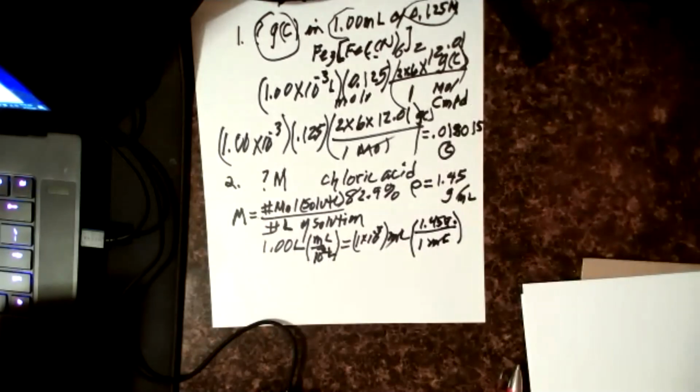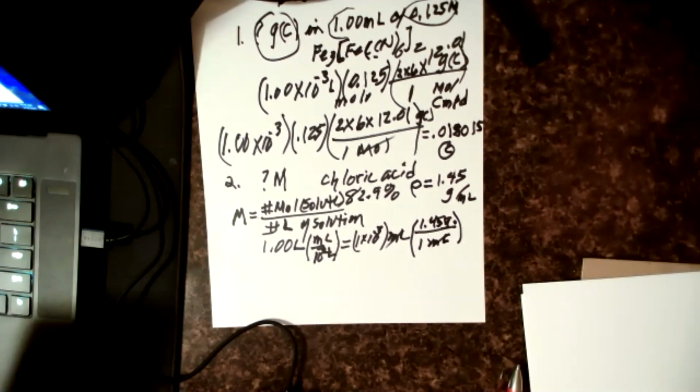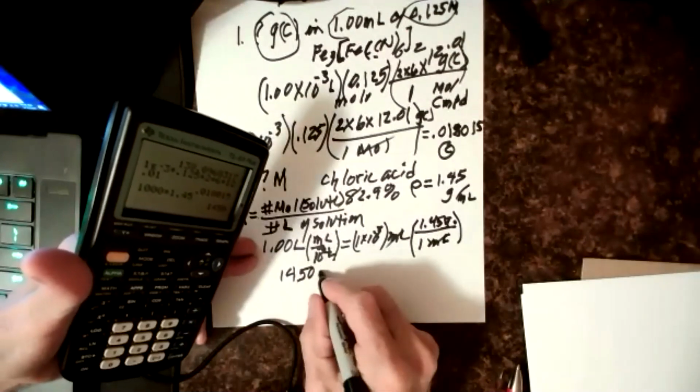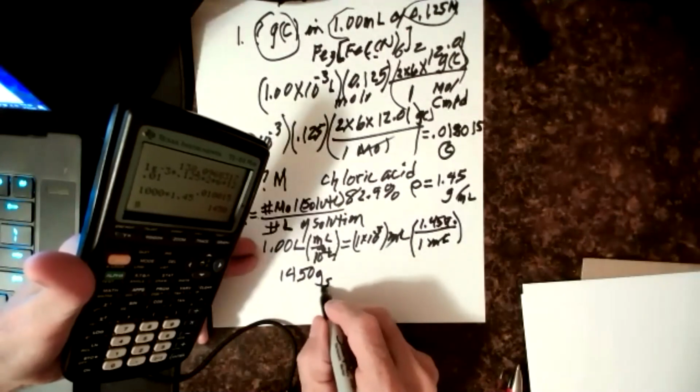So we got 1,000 times 1.45 divided by 1. So I've got 1,450 grams of the solution.